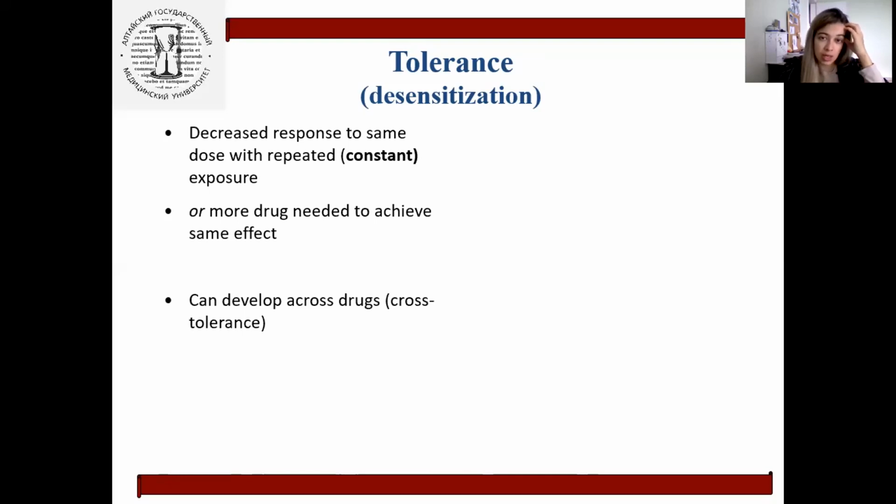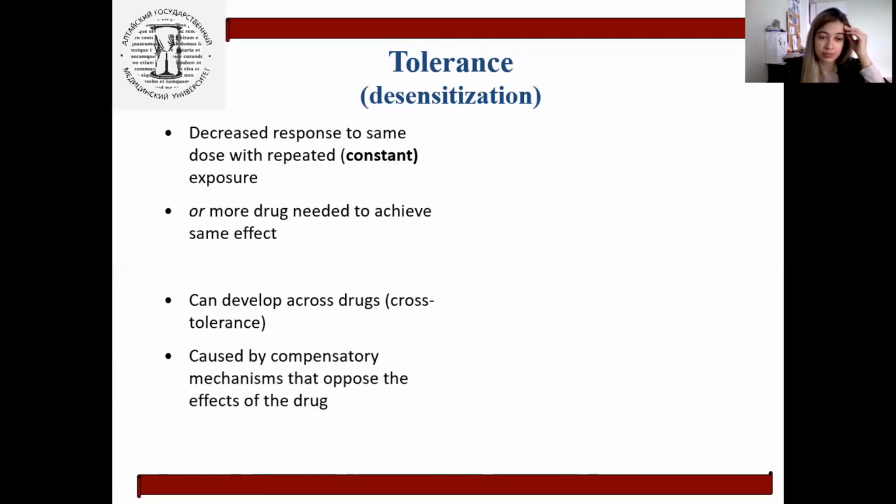So this means that I have tolerance to phenobarbital. It can also develop across drugs, like I'm taking phenobarbital, but I also have the same effect with ethylenol sodium. So if the structure of the drugs is similar, by taking one drug you can already be tolerant to another drug because they have a very similar chemical structure.